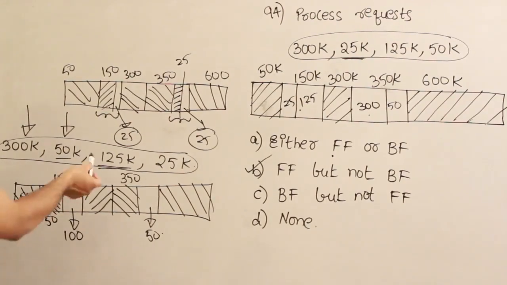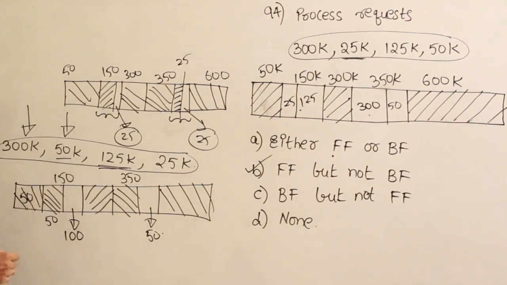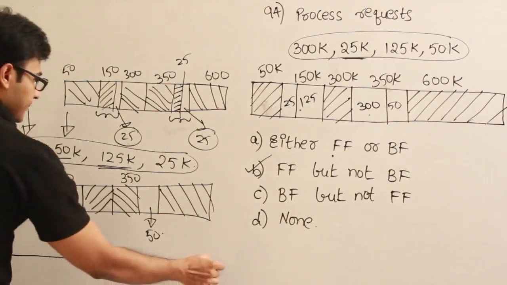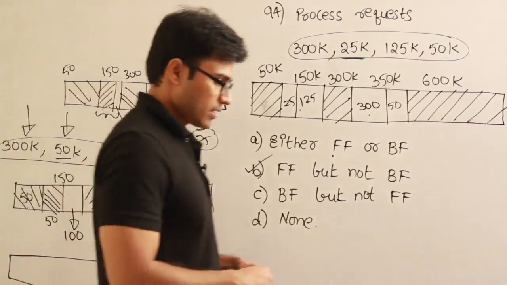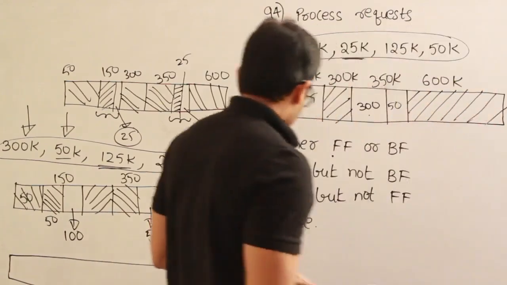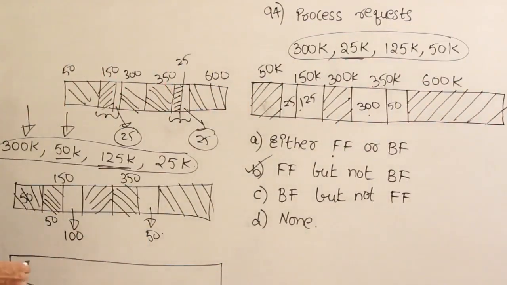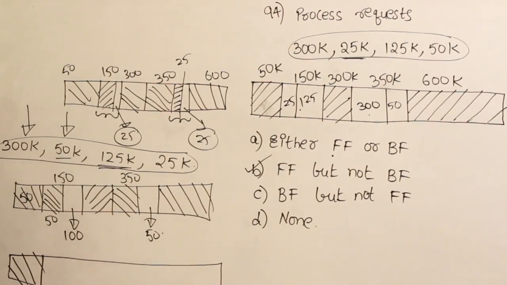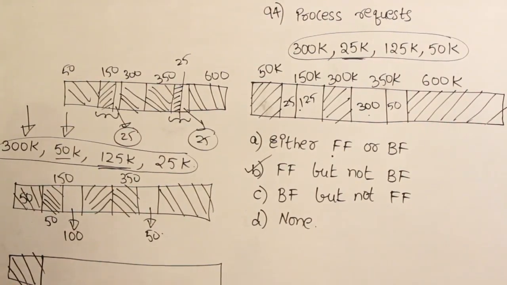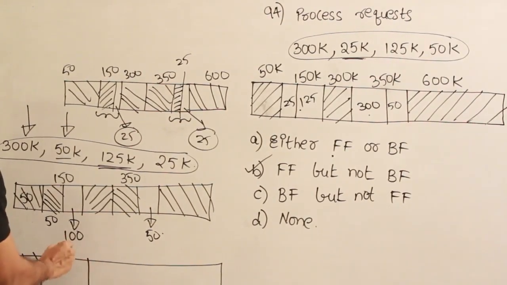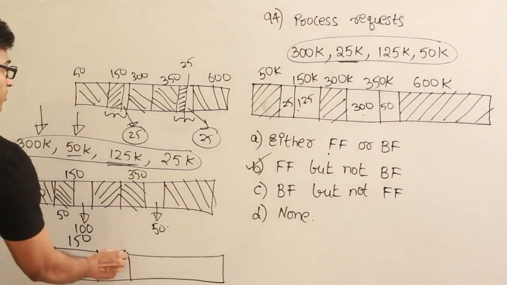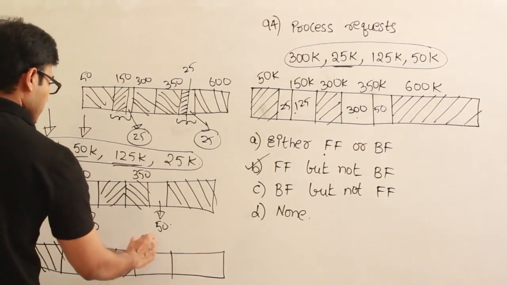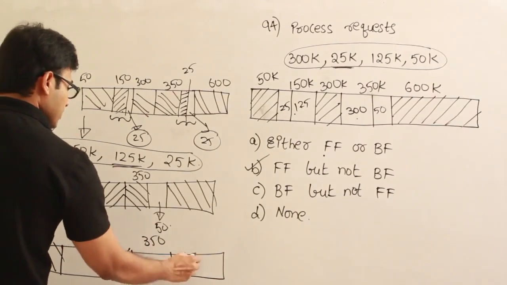Fine. And let's see what happens with best fit. Using best fit, this one is going to be 50. 50 is occupied, and then 150 is free, and then 300 is occupied, and then 350 is free, and then 600 is occupied.